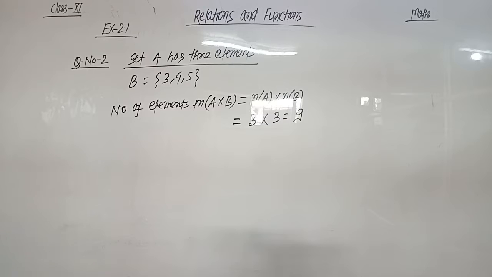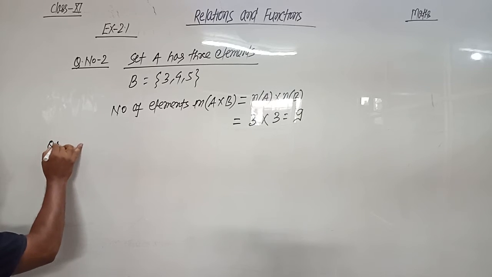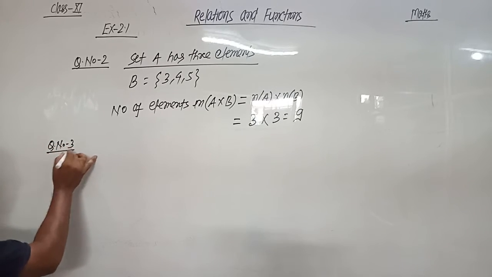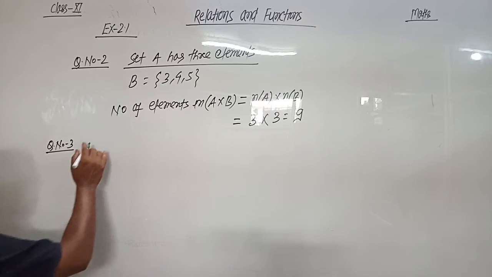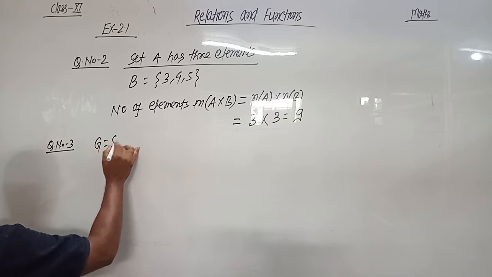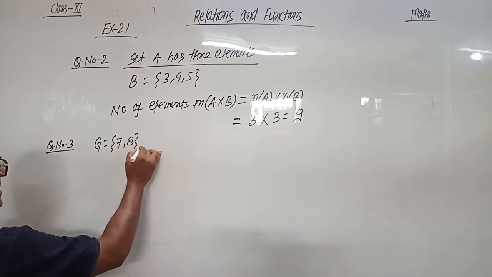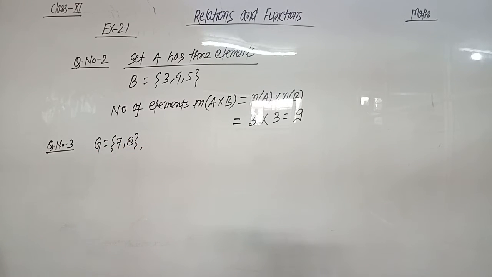Question number 3. We have given set G = {7, 8} and set H = {5, 4, 2}.